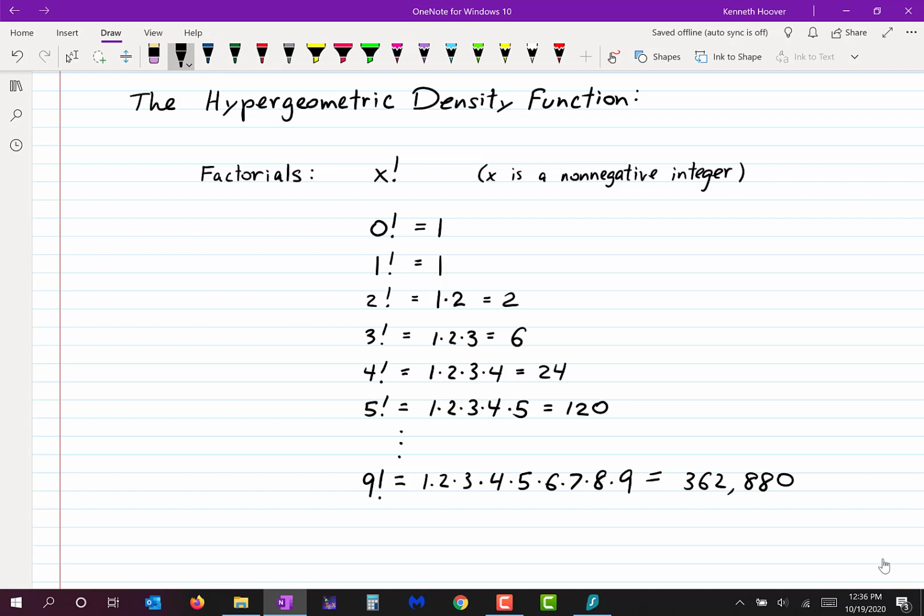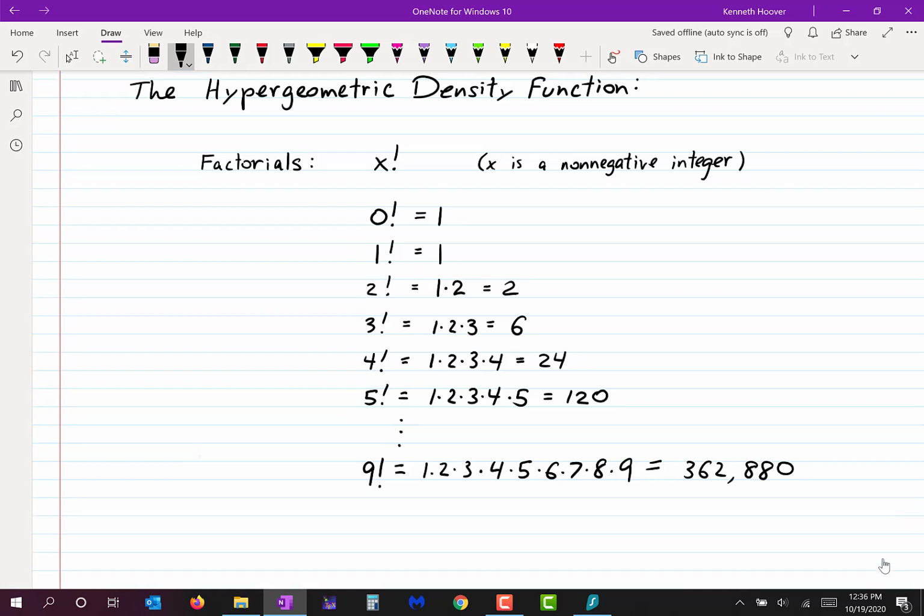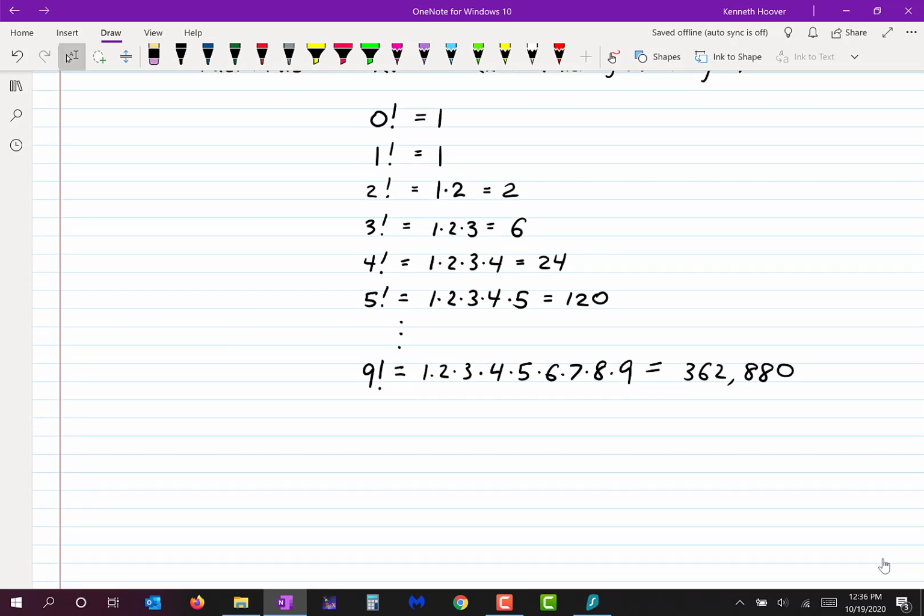Factorials work very nicely when you're dividing one by another. Let's look at this. What if I put 100,000 factorial divided by 99,998 factorial.